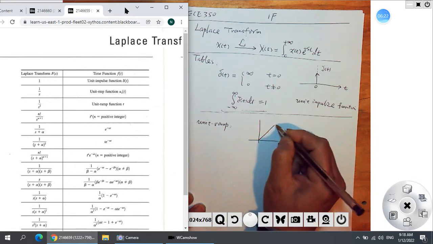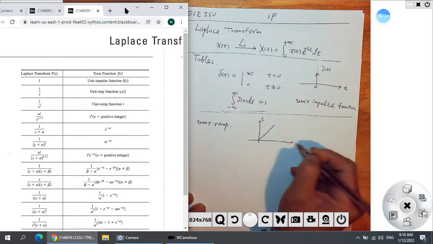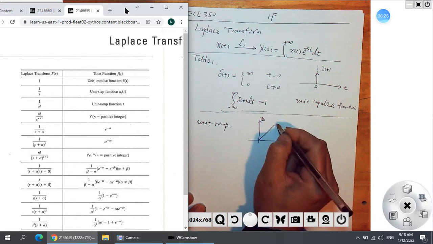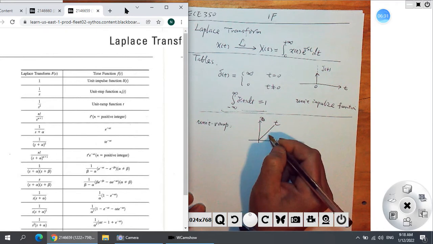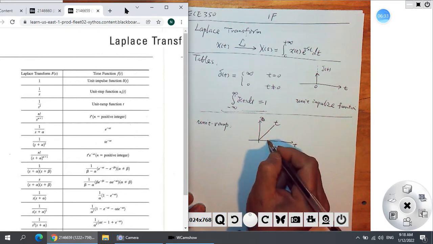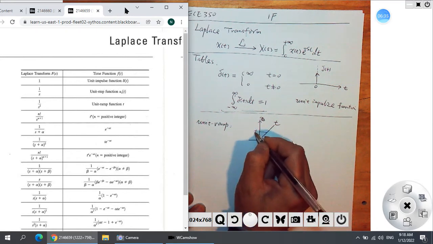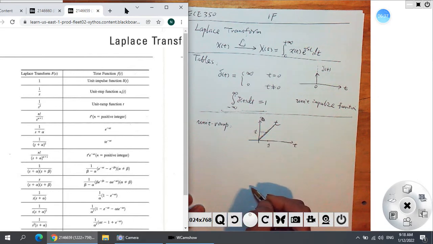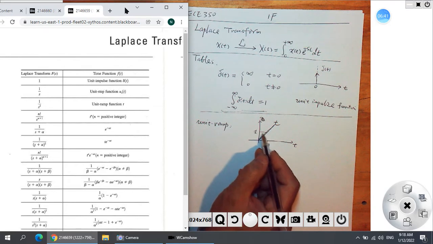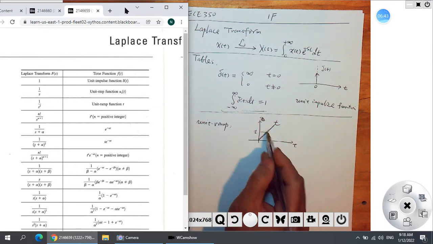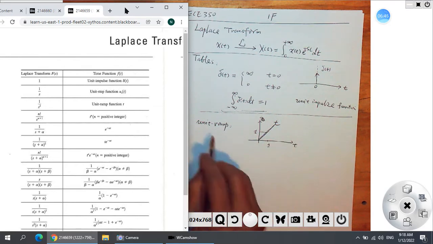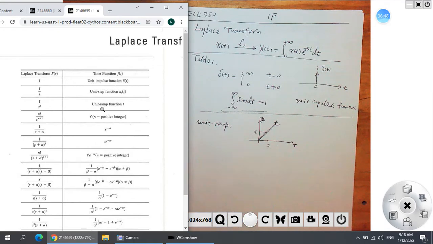It's t. Here it's also t. Here's 1. Here will be also 1. Like this. This is a ramp, right? The slope is 1. The straight line, the slope is 1, the unit. And okay, then for the ramp function, the Laplace transform is 1 over s squared.